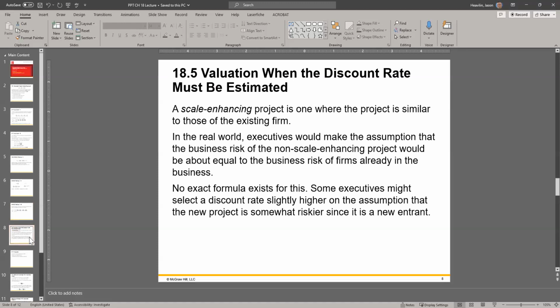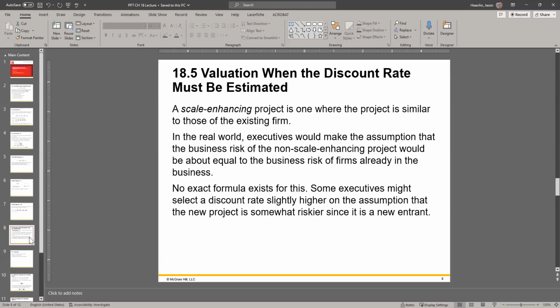So valuation with a discount rate must be estimated. It's not just that it must be estimated, it's always an estimation. A scale enhancing project is one where the project is similar to those of the existing firm. What I'm trying to tell you there is that sometimes it's reasonable to use the risk factors for the cost of debt and cost of equity of the overall firm and apply it to the project, because a project is pretty similar to what the company's already doing.